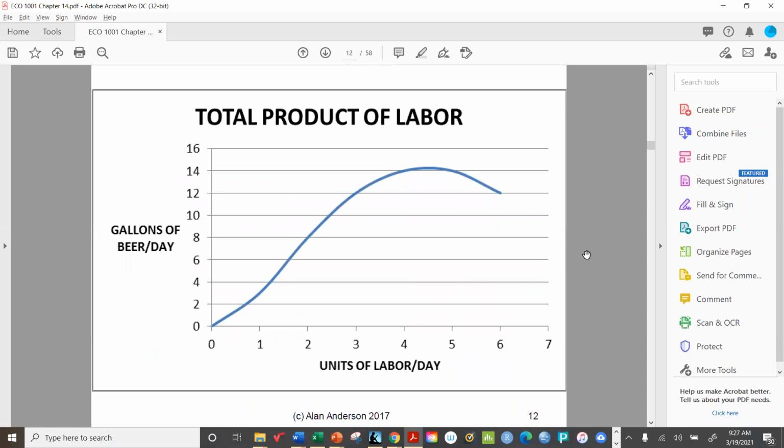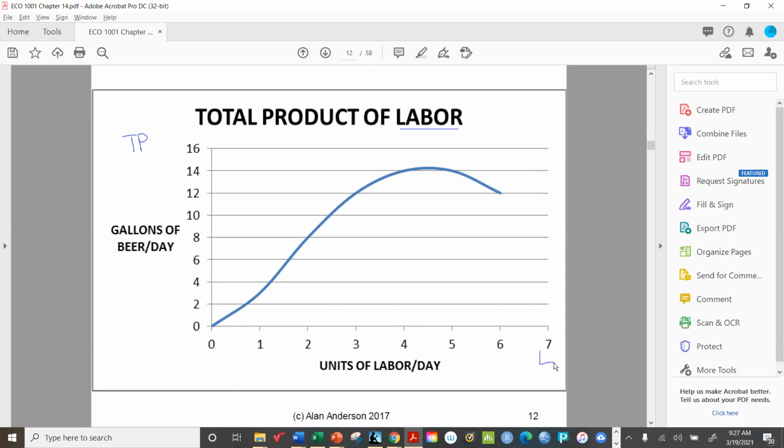Okay, so here's what we're looking at. On the vertical axis, we have total product or total gallons of beer per day. This is called the total product, or sometimes it's called the total product of labor because only labor is variable. Down here, we have L, the number of units of labor that we hired per day.